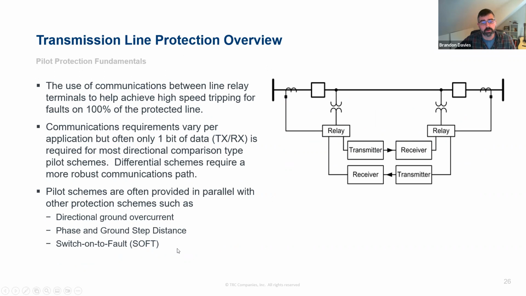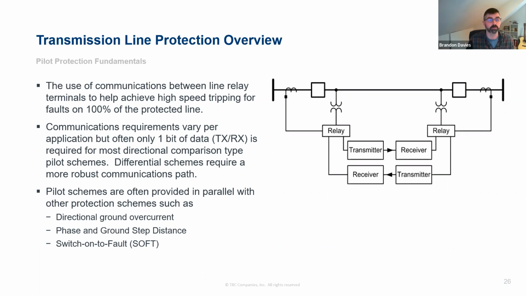The other thing we're going to talk about in a little more detail on the day 3 slides is pilot protection. A lot of the schemes we apply are just relay elements at one terminal looking and saying, is there a fault or not, and making a trip decision based on the information just at that first terminal. What a pilot scheme does is share some amount of information from each of the terminals to the other terminals.